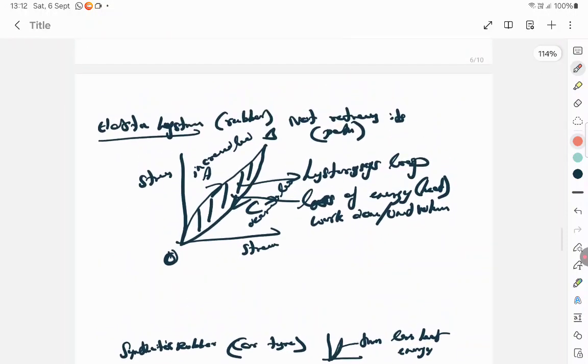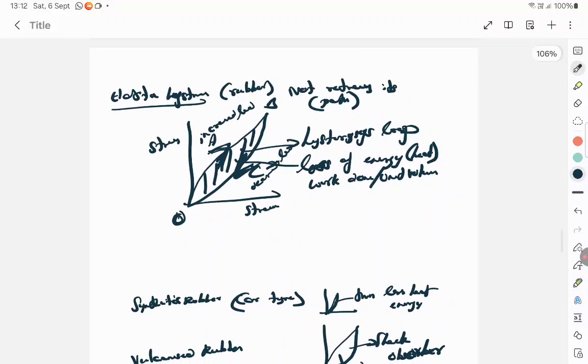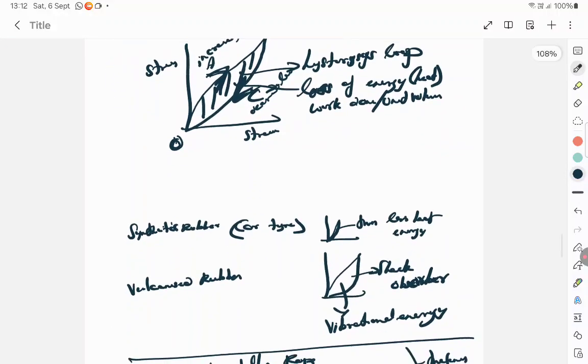Next thing is about elastic hysteresis. I told you, I drew it like this, where I had a permanent set here in the first one, which was for steel or copper or any rigid material. For elastomers, it's going to come back to O, but you see that there's still an area. This is while increasing the load, and this is while decreasing the load, the onward and the reverse, and it doesn't exactly retrace its own path, so this hysteresis loop indicates the loss of energy or work done per unit volume.